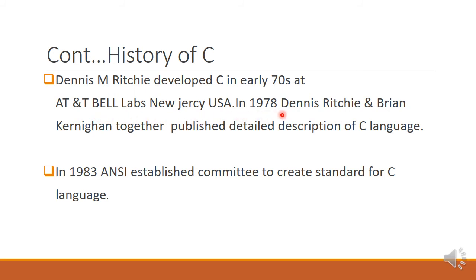In 1978, Dennis Ritchie and Brian Kernighan together published a detailed description of the C language. And in 1983, ANSI established a committee to create a standard for the C language. This is just for your understanding.